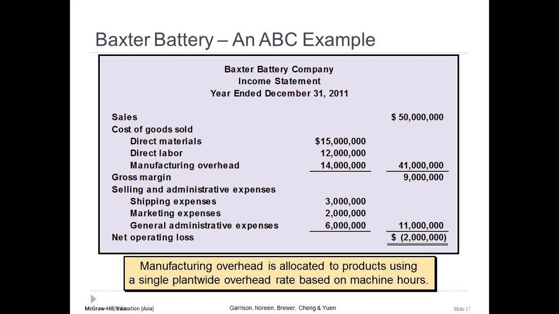No design options are available for the Sure Start, but Baxter produces the Long Life with different battery casing designs and battery handle locations to customize the appearance for the auto parts stores. For example, the battery casing can be produced in different colors with different brand names to suit the customers. The company has reported its first loss ever of $2 million, and that's shown on this income statement.